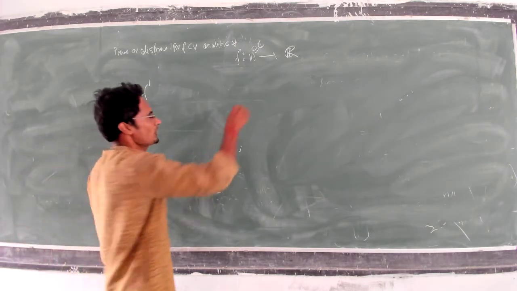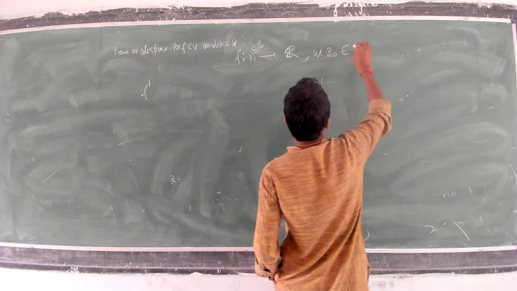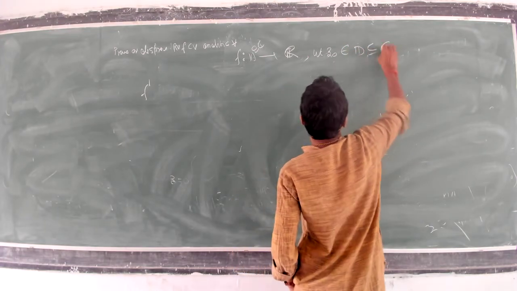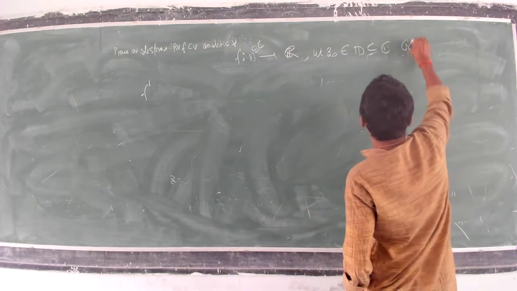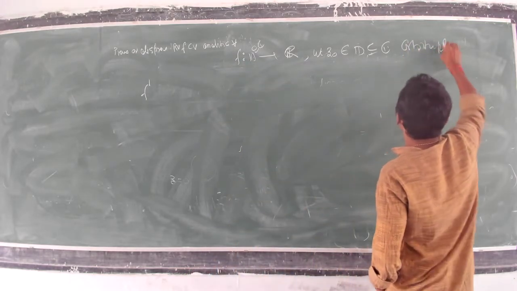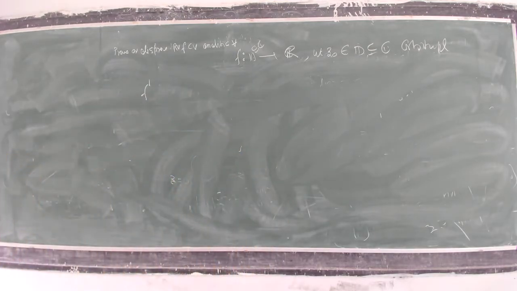Take an arbitrary point. Let z naught belong to D, a subset of C, be an arbitrary point. I am not using a particular point, I am using an arbitrary point, which can be anything.